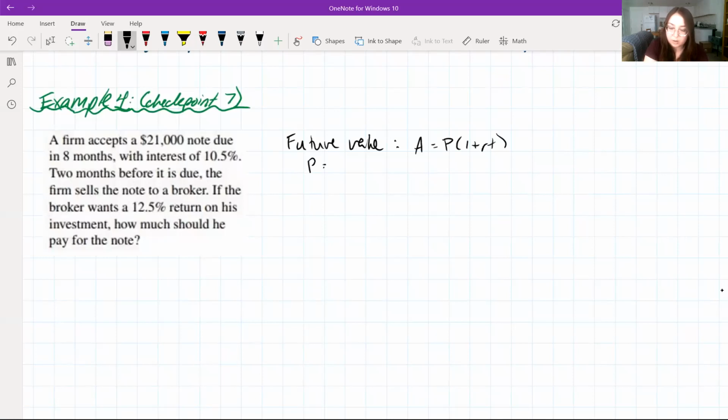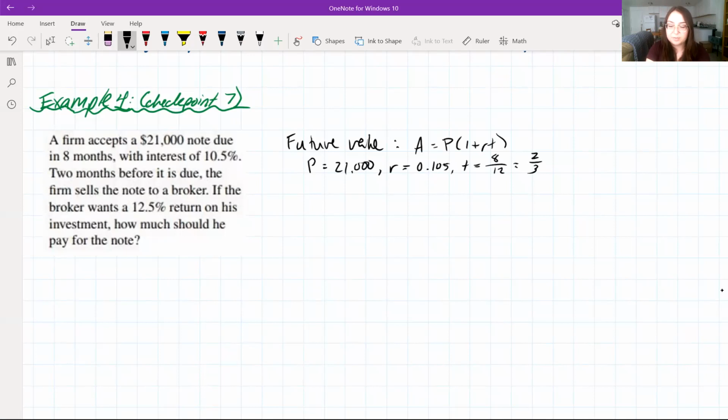We know our principal value, or our initial value, is 21,000. Our rate is 10.5%, so 0.105. And our time is just going to be 8 months, or 8 divided by 12, which is the same thing as saying 2 divided by 3.